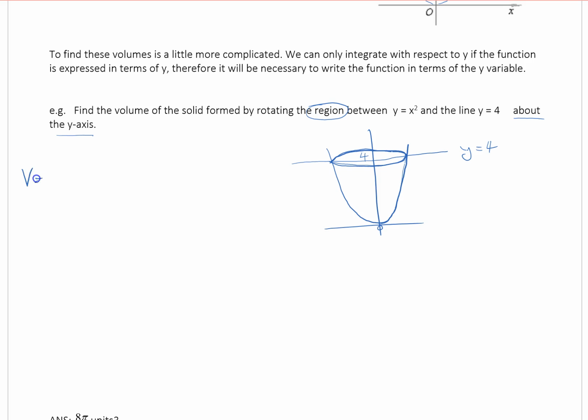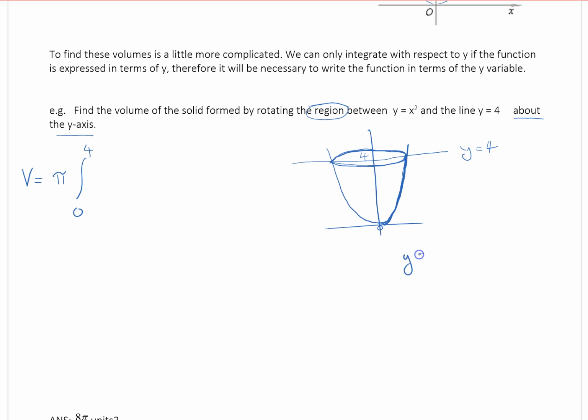To get its volume, we want pi times the integral 0 to 4, and it is just going from 0 to 4 of our function squared. But hang on, we've got to get x as our subject, so let's do that.